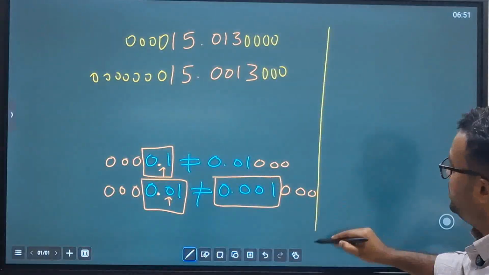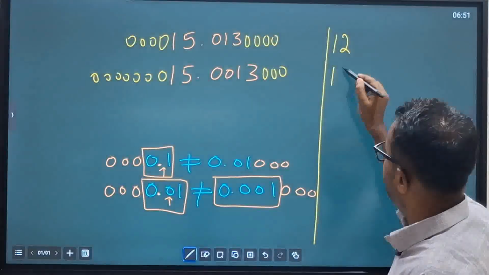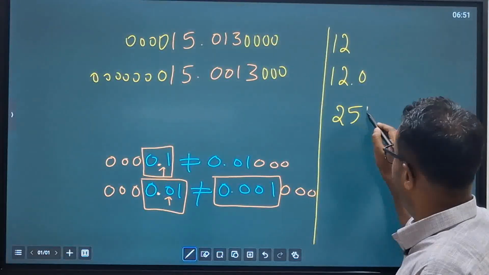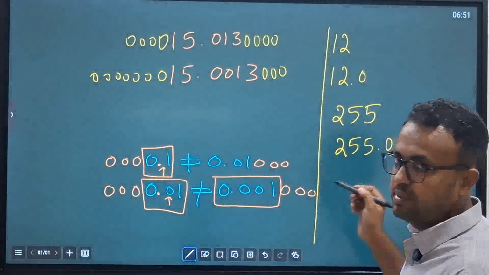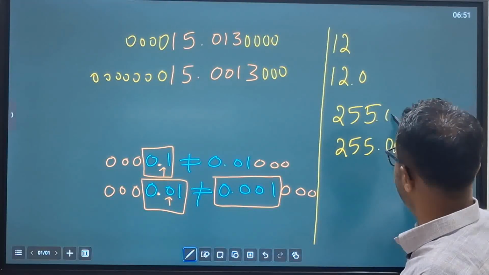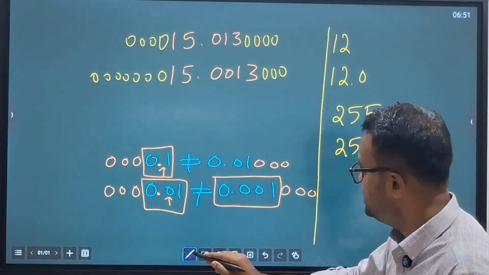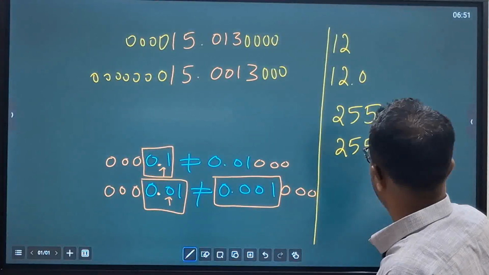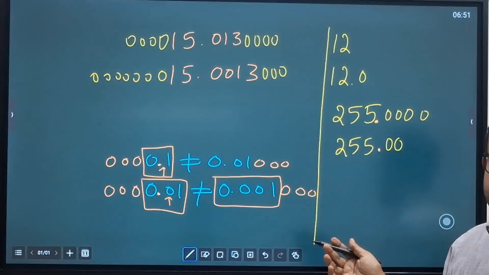When I say a particular number, say 12, it is nothing but 12.0. When we say 255, it is nothing but 255.0, or sometimes they write 255.00. You have to be conscious of where the point is. After the point you can write any number of zeros.